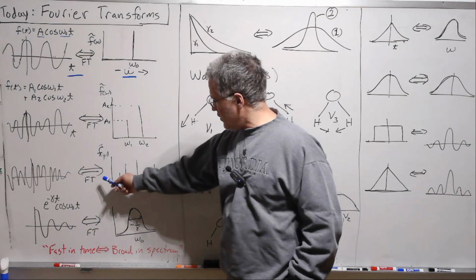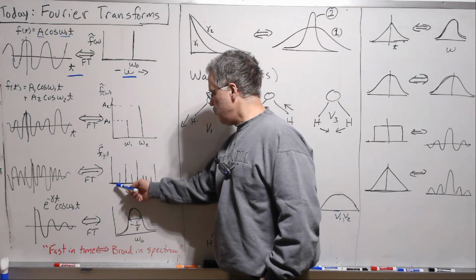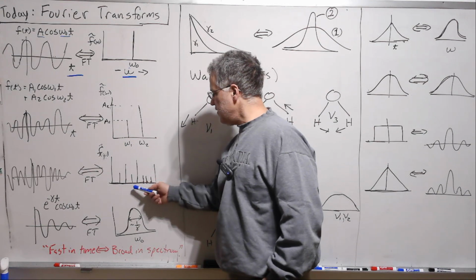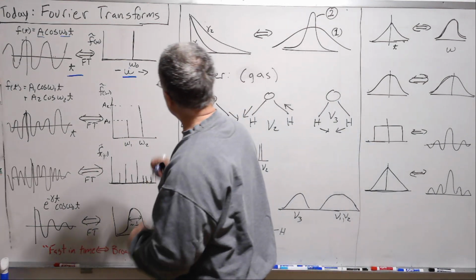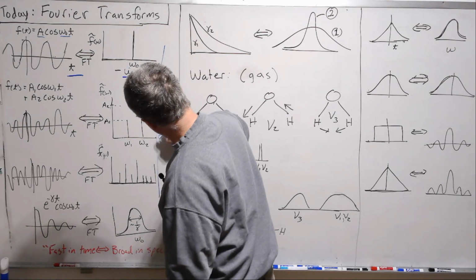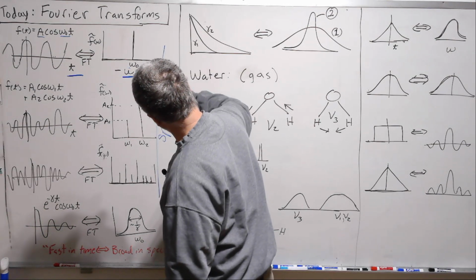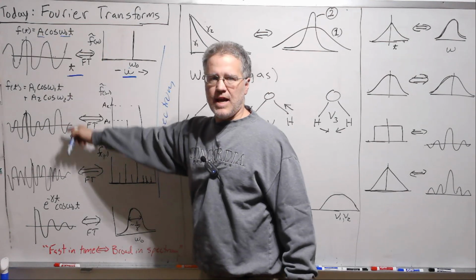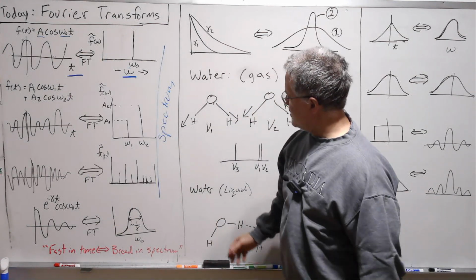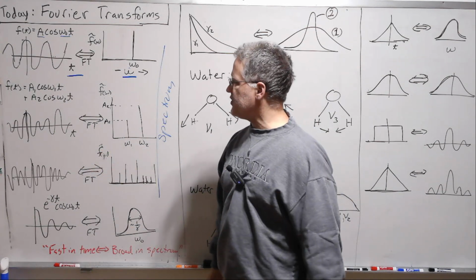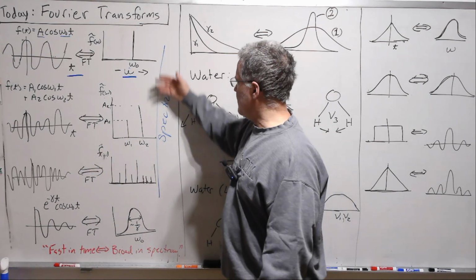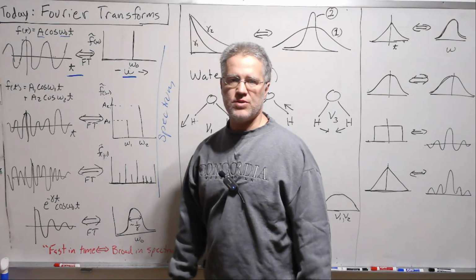But if you do the Fourier transform, you can pull out each of these frequencies. Now, what these are called is the spectrum of the time domain function. So what we have in time is our time response or time behavior, and what we have in frequency space is called the spectrum.